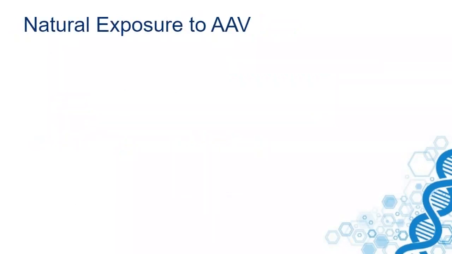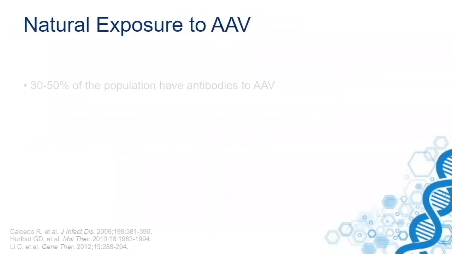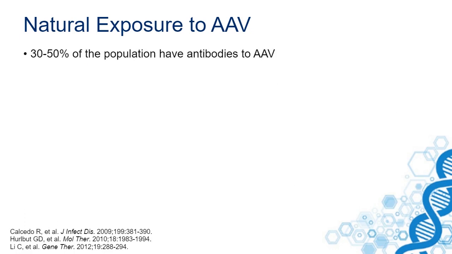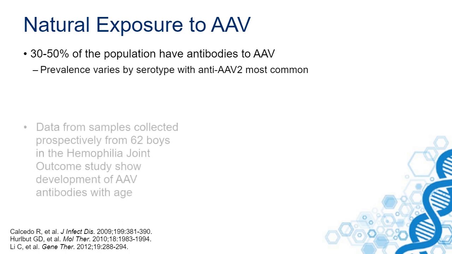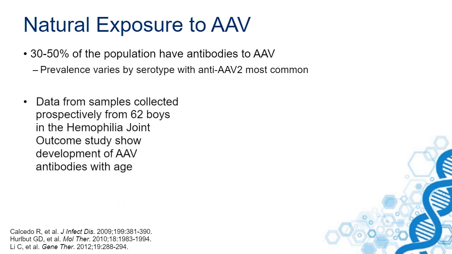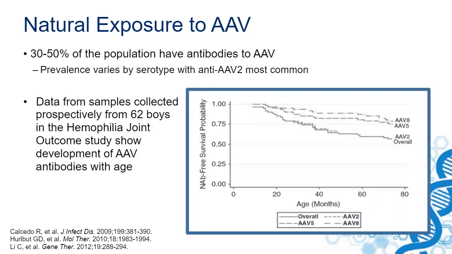As noted previously, we are exposed to AAV. About 30 to 50% of the population have antibodies to AAV, most commonly to the AAV2 serotype. There was a nice study where they took samples that had been collected from 62 boys over time as part of the Hemophilia Joint Outcome Study and looked at the development of AAV seropositivity early in life.